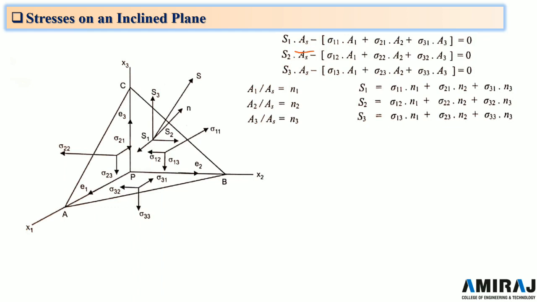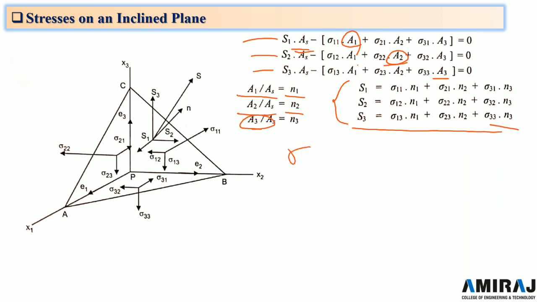Dividing by AS, we get A1 by AS equal to n1, A2 by AS equal to n2 and A3 by AS equal to n3. In this way we get the equations for S1, S2 and S3. Now from these equations we can say that any one of the three components of the vector S may be written as below, because sigma ij is equal to sigma ji.